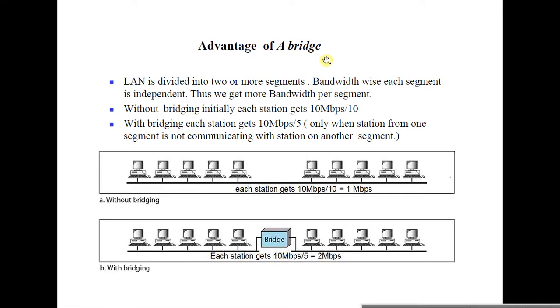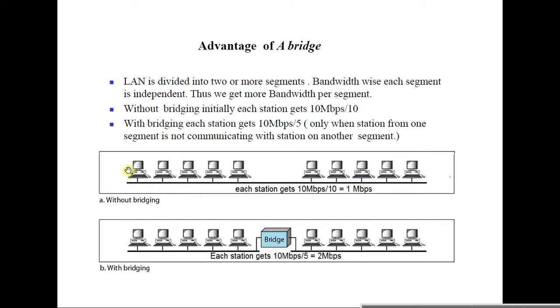So what are the advantages of a bridge? The LAN is divided into 2 or more segments. Bandwidth-wise, each segment is independent, thus we get more bandwidth per segment. For example, without a bridge, the bandwidth of the total media is divided among 10 stations, but we can increase the bandwidth of this LAN segment by using the bridge.